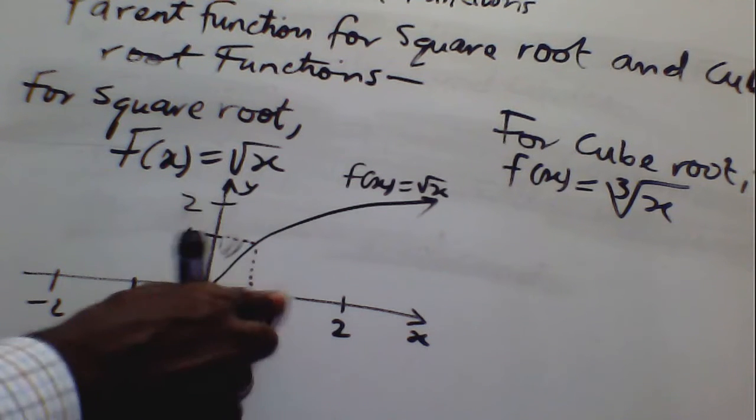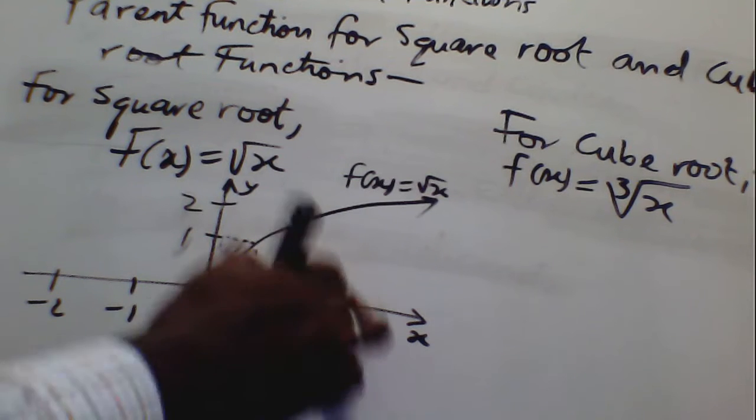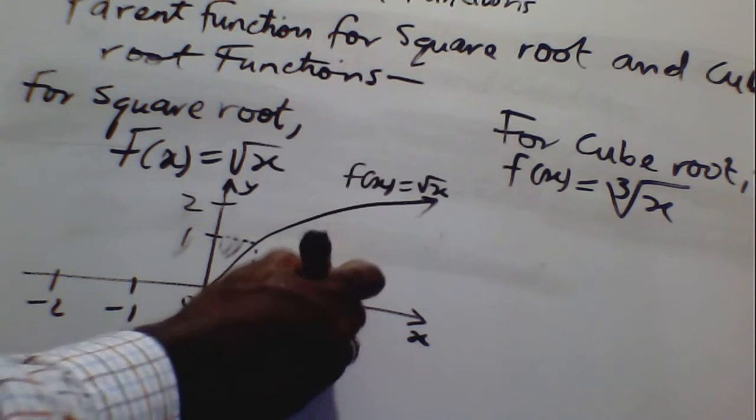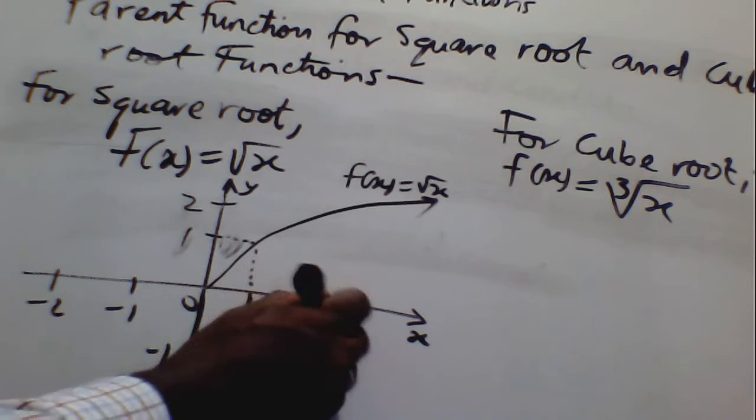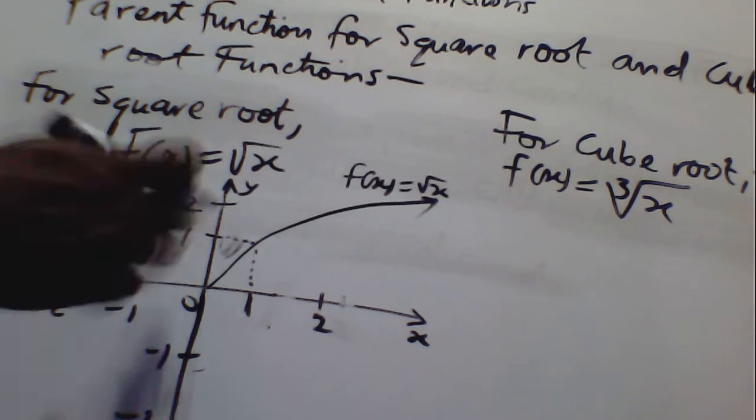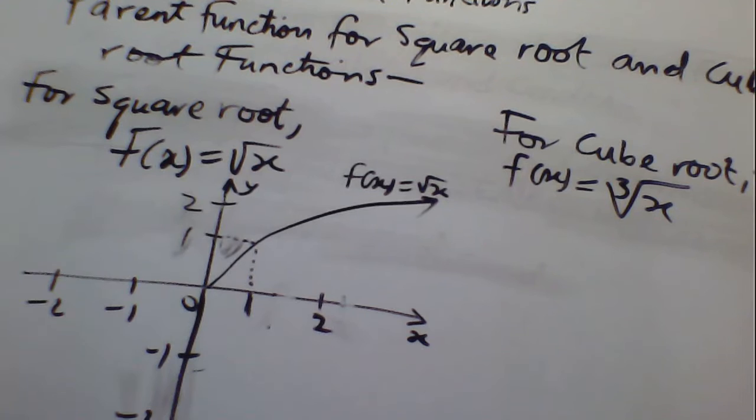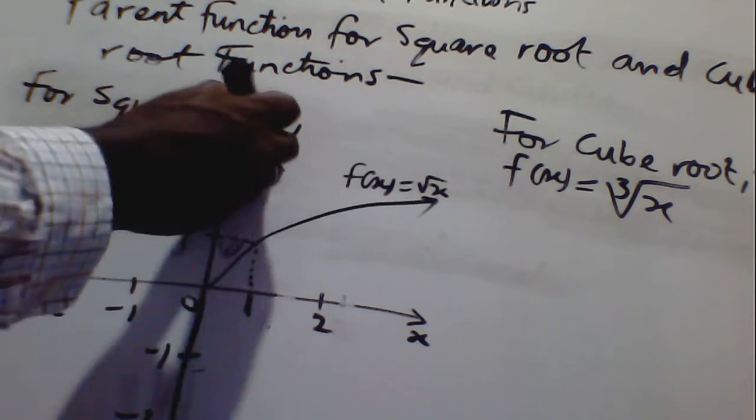So here it may be 1, here is 2. So this is the graph of f of x equals the square root of x for the square root.